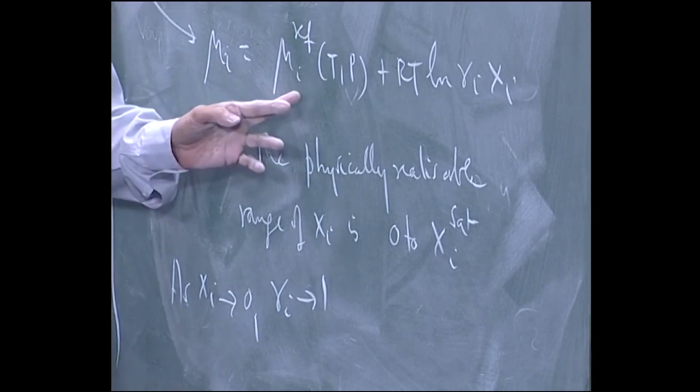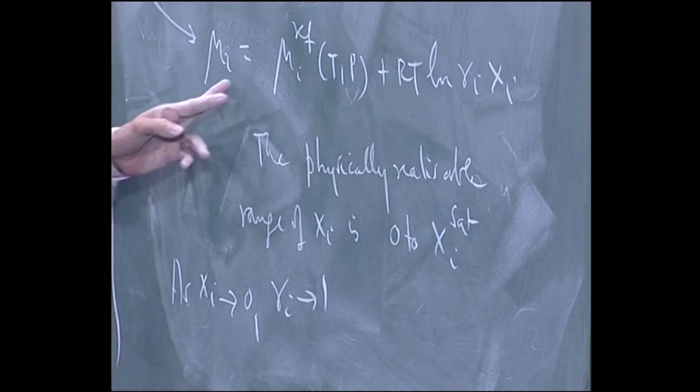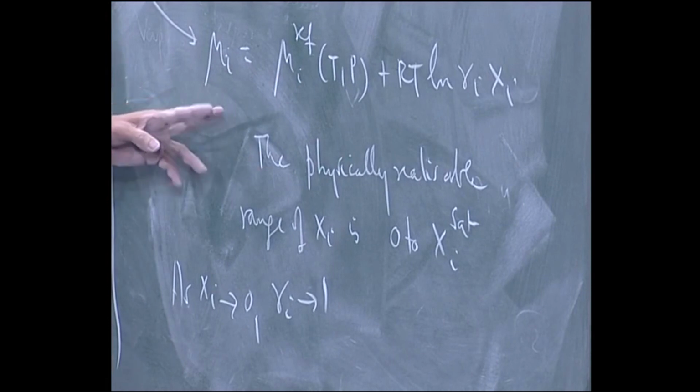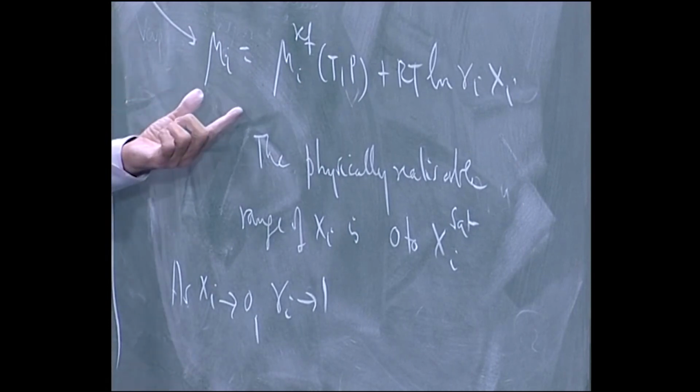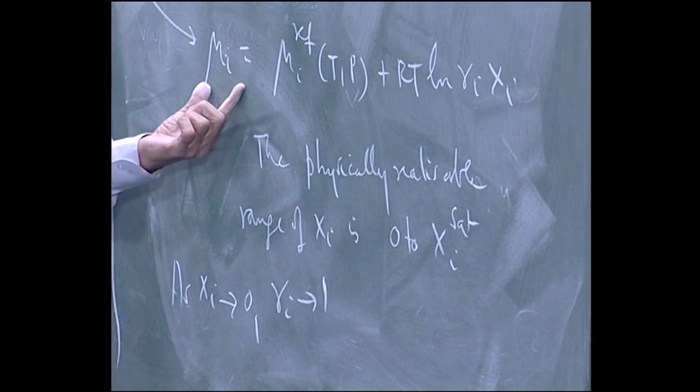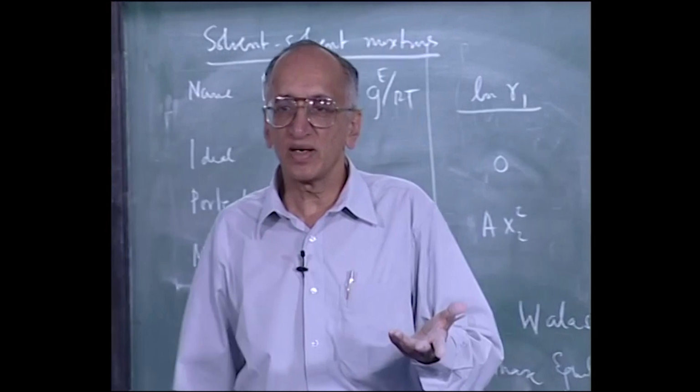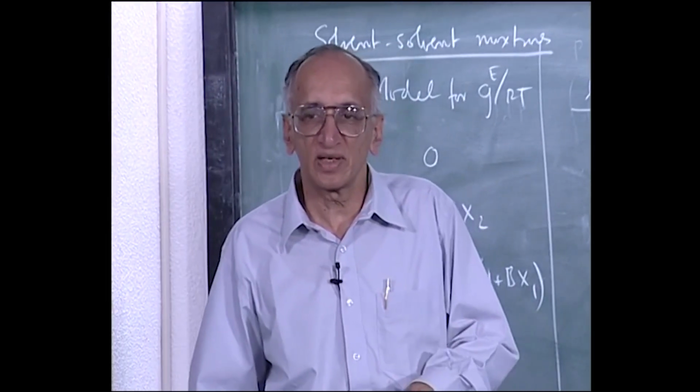The other simple way is, although this is an expression as a function of Xi, I can divide this by T and differentiate with respect to T or P. If I divide by T and differentiate with respect to T, I will get a quantity here which represents minus partial molar enthalpy of I by T squared.